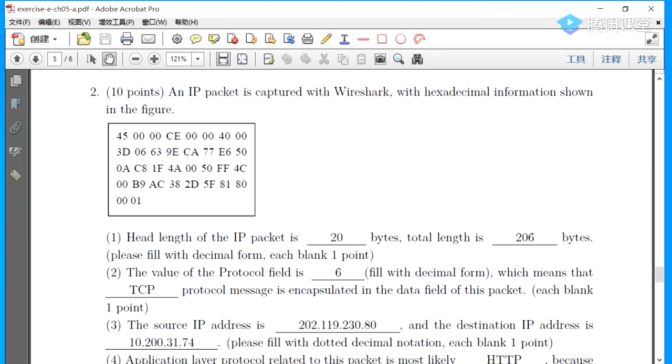Total length is 206 bytes. The value of the protocol field is 6. There is 06, which means the TCP protocol message is encapsulated in the data field of this packet.